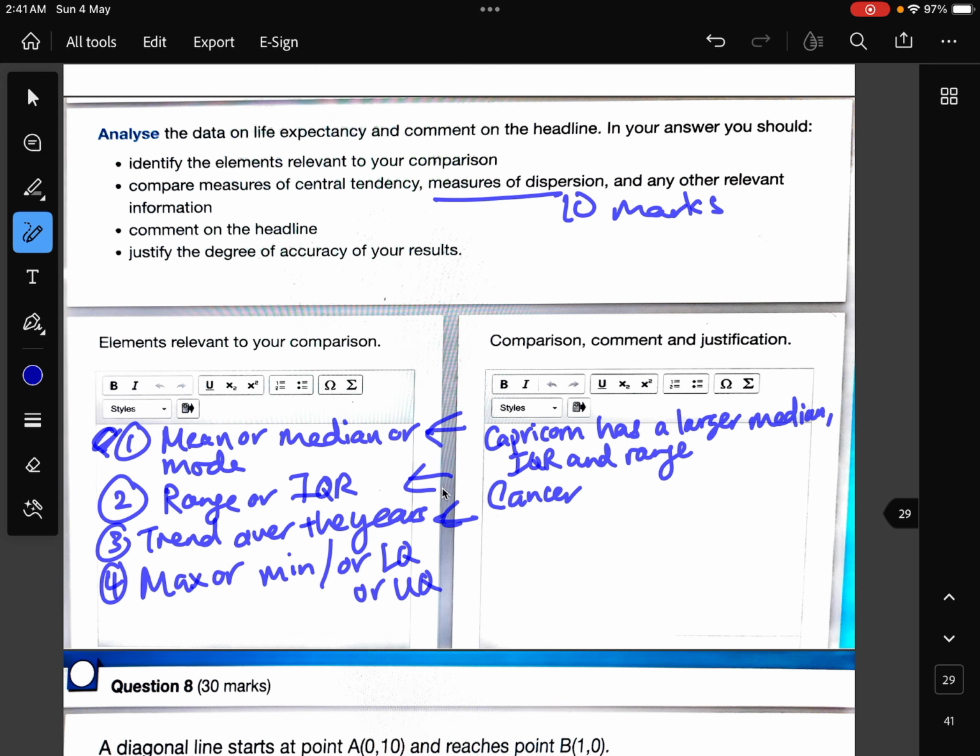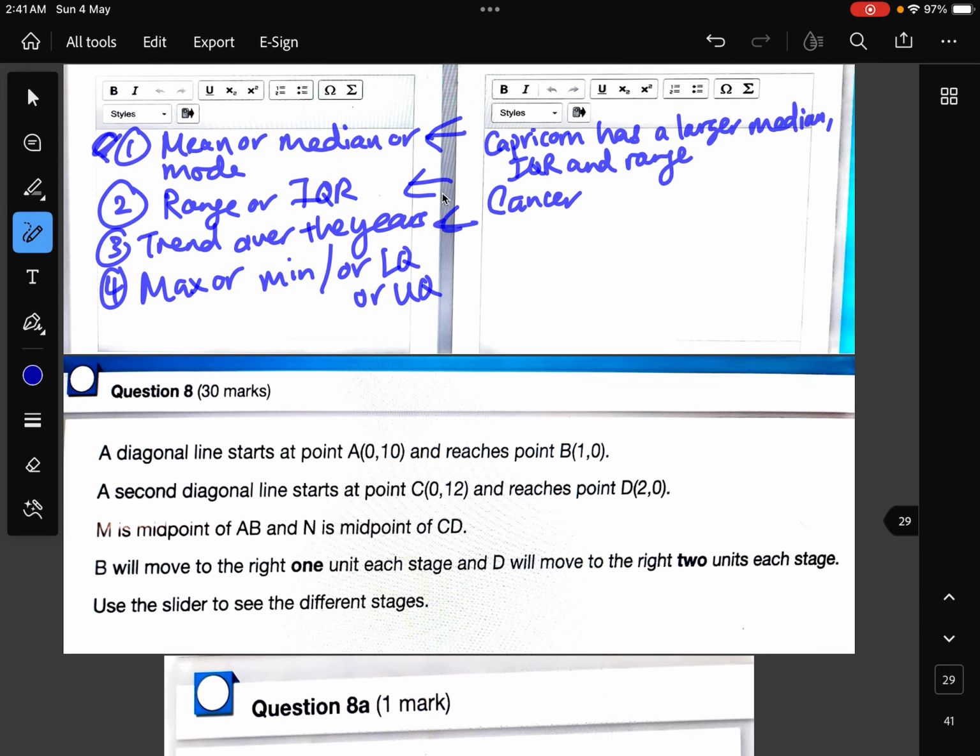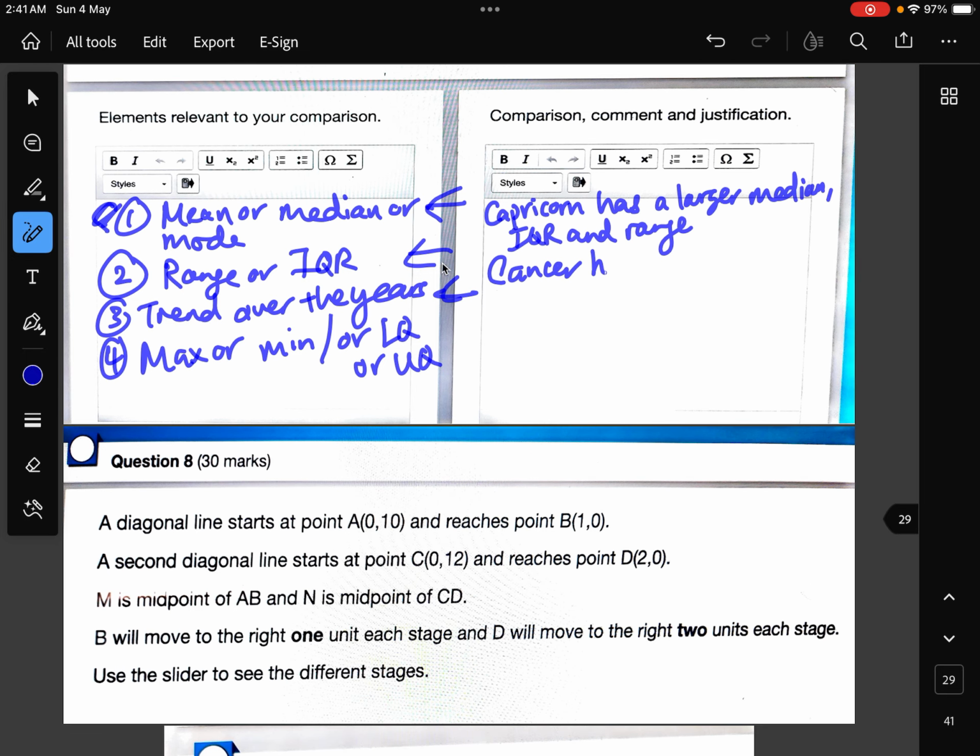So we can write this as another comparison as well. So Cancer has a larger mean and the mode. Okay, so that should give you some nice little points to make those little comparisons. And it's important for us to show those values if you want to get any points.